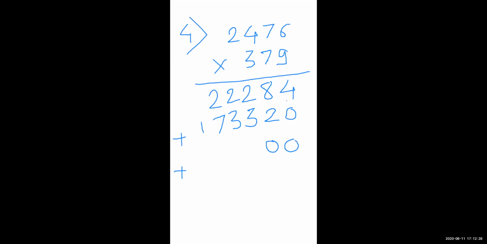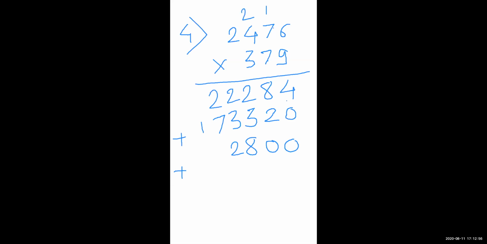Here is a 3 at hundreds place. 2476. 3 sixes are 18. 18's 8. 1 goes to carry. Yes. Then 3 sevens are 21. 21 plus 1 is 22. 22 is 2. 2 goes to carry. Okay.